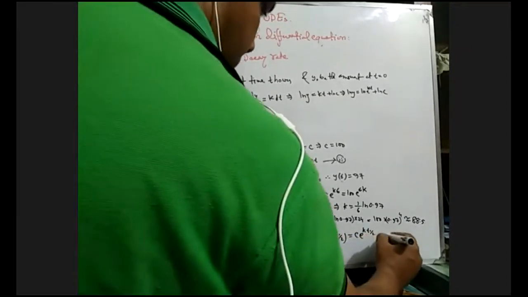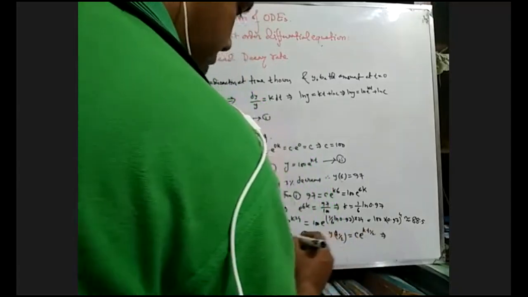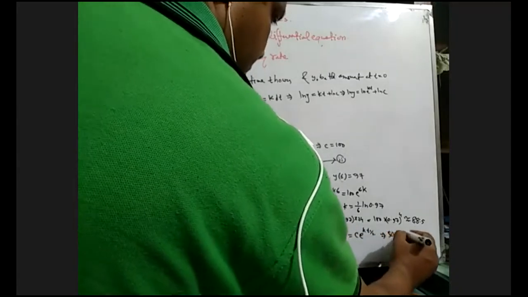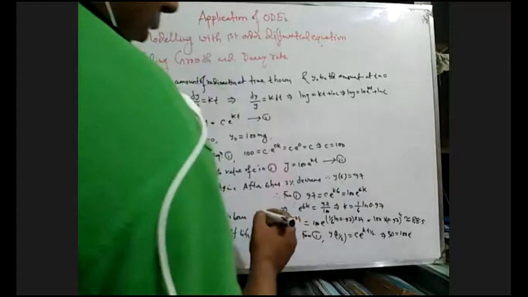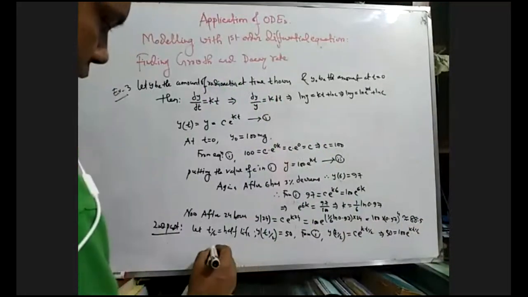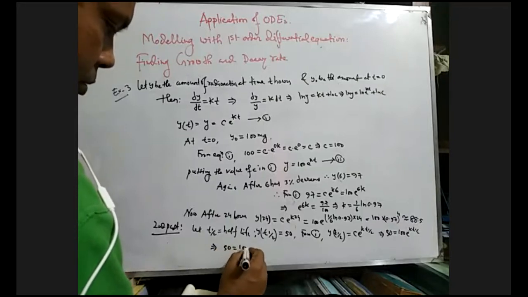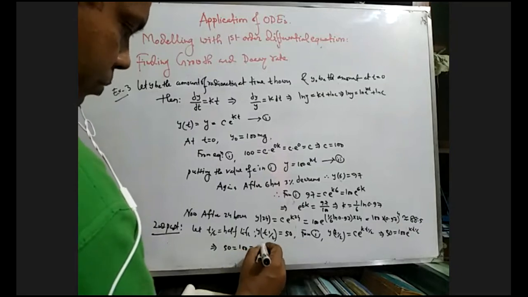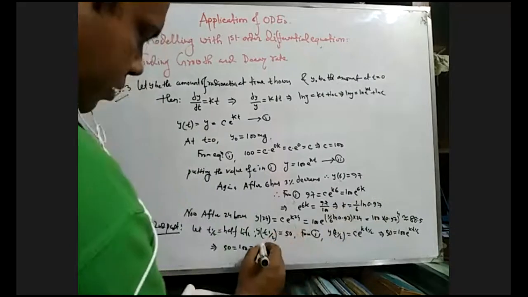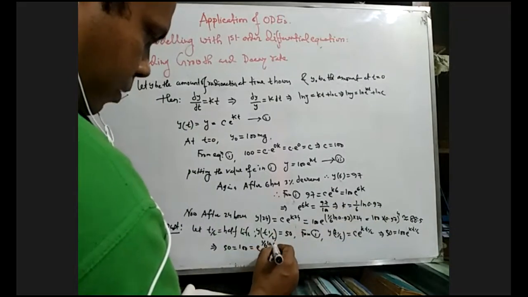So y at T half means what? 50. Amount 50, and c equals 100, e to the power k, with k value 1 by 6 ln 0.97, times T half. Okay. So from this equation, 50 equals 100 e to the power 1 by 6 ln 0.97 times T half.